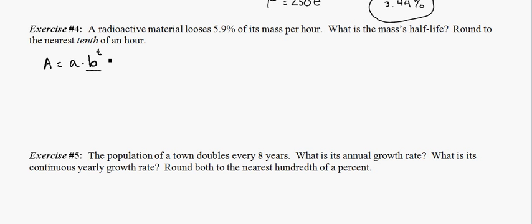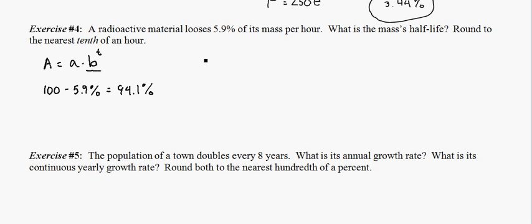Now, what you really don't want to say is that b is 0.059. We are always modeling what remains, not modeling what we lost. So to really think about what remains, I have to think about what 100 minus 5.9% is. 100 minus 5.9% means that 94.1% remains after each hour. 94.1% remains of what we had previously.